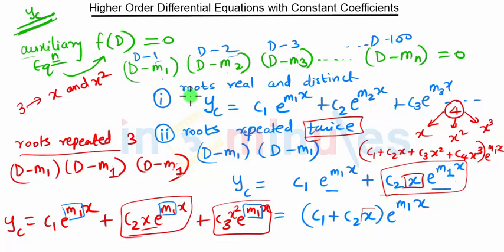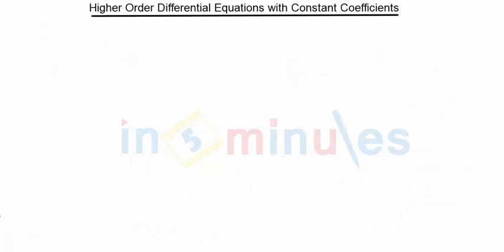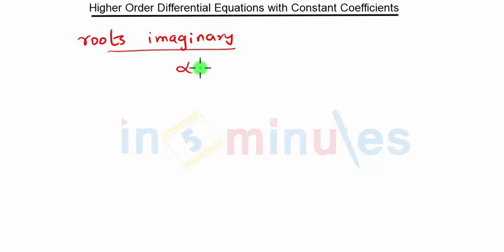So we have seen the roots are real and distinct and the roots are repeated. We have one more condition, when roots are imaginary. Say our roots are alpha plus minus i beta and these roots are distinct, that is, they are occurring only once, so they are non-repeated roots.